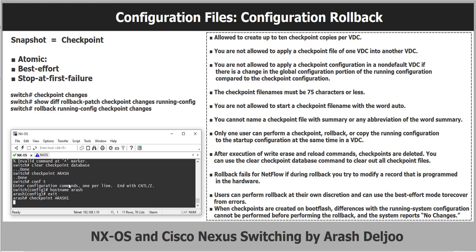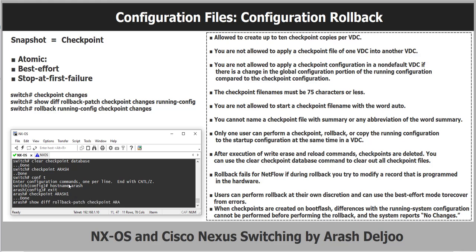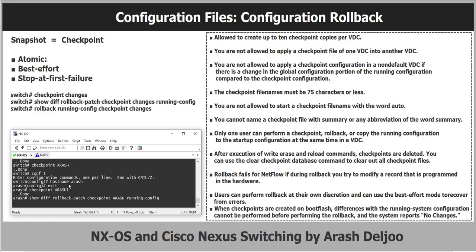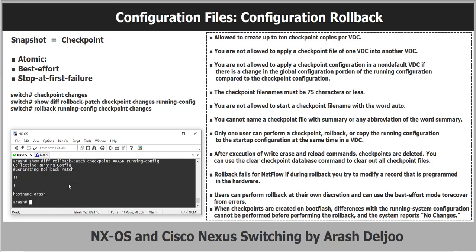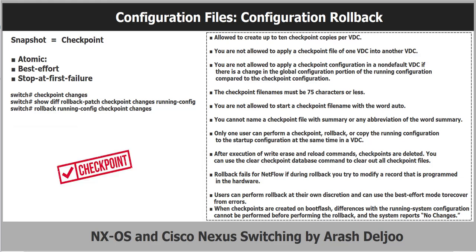After that you can use the show command to see the differences, show diff, and then rollback, and then checkpoint and the name, and finally, for example, running config. Here the host name is Arash, and then checkpoint Arash1, and after that, if you want, you can use the rollback command to go to that point, the time that we created the checkpoint.